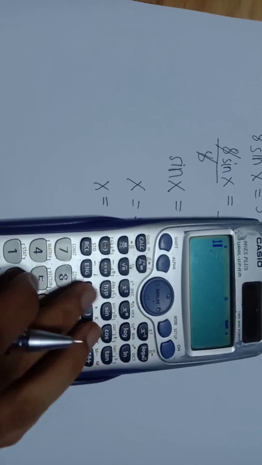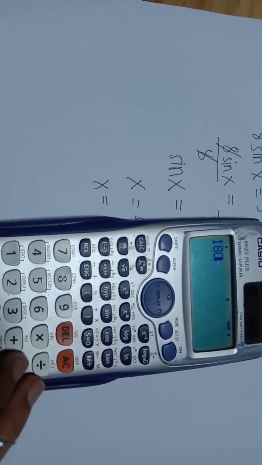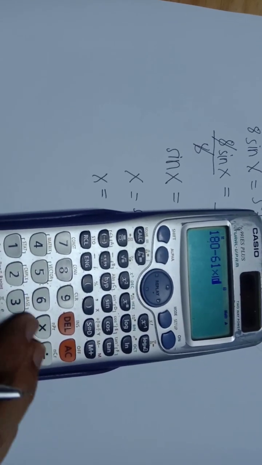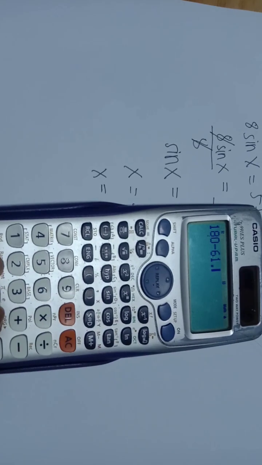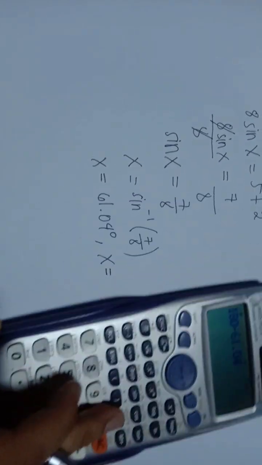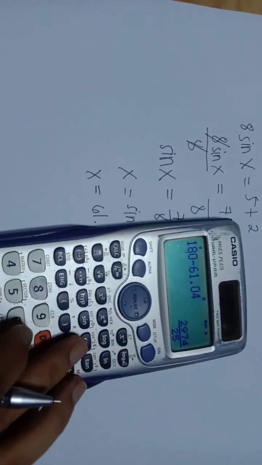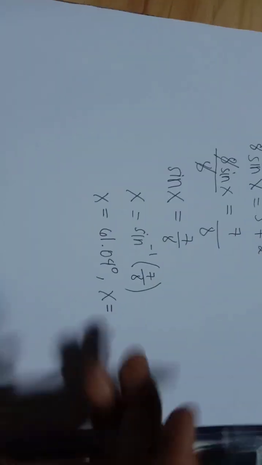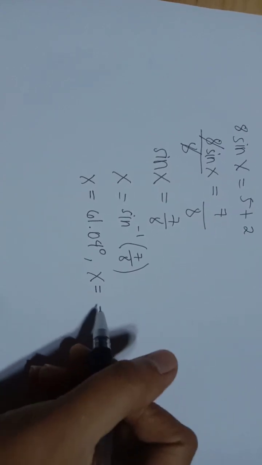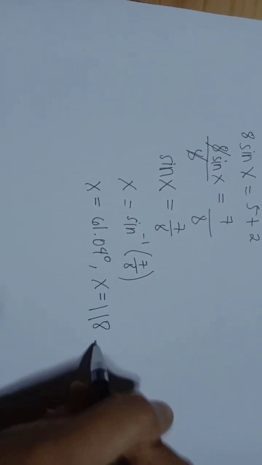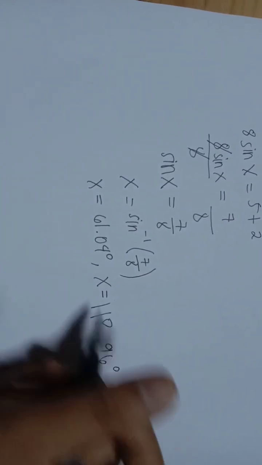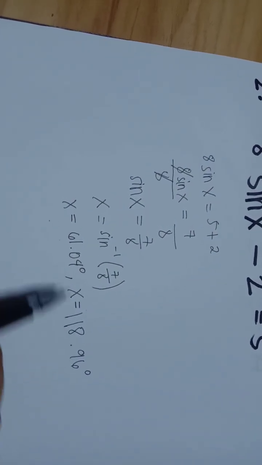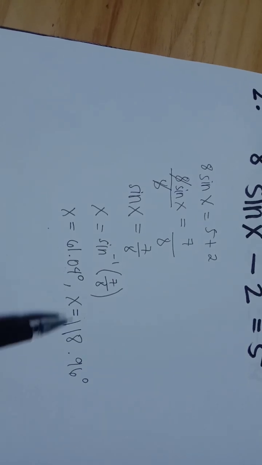So 180 degrees minus 61.04 equals 118.96 degrees. That's the other value of x. Did you get the correct answer? Okay, don't you worry. We have another example.